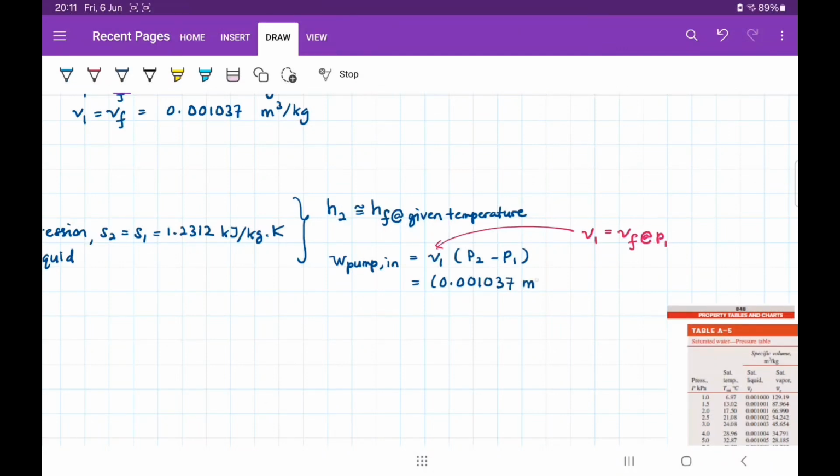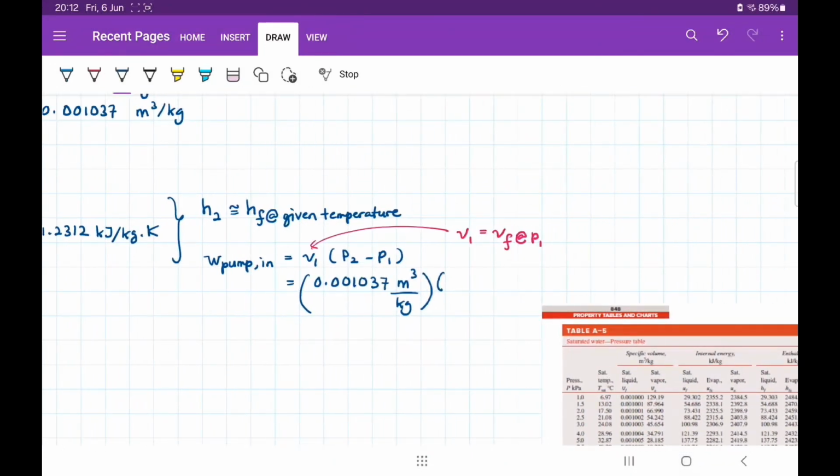This is m cube over kg multiplied by P2 minus P1, where P2 is 3 megapascal, meaning 3000 kPa, minus 75 kilopascal.